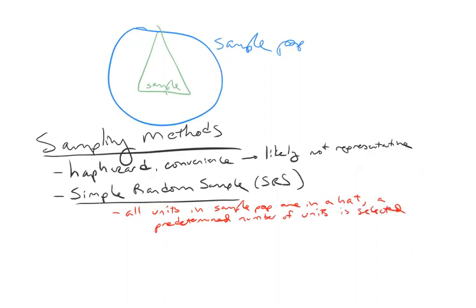Okay, take all those phone numbers on that list, right? Maybe I cut them up. So there's one phone number on each piece of paper. I put them all in a big hat and I draw 100, right? That is a simple random sample.